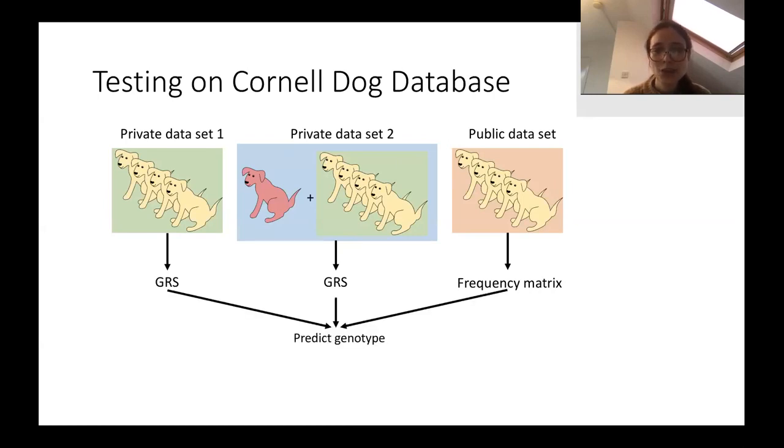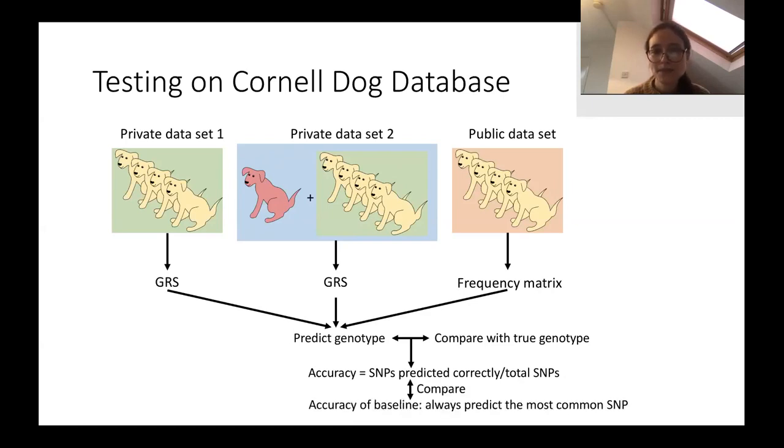And finally, we can use all this information to predict the genotype, compare it with a true genotype, which we know because we were the ones who added the dog. And finally, we can calculate the accuracy, which is the percent of correctly predicted SNPs. We can also compare this to a baseline in which we always predict the most common SNP.